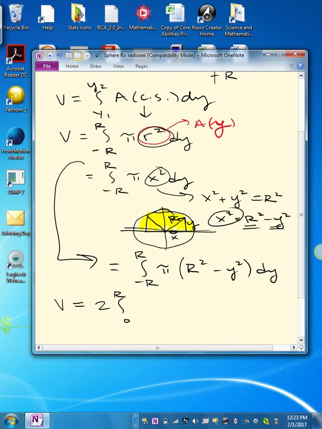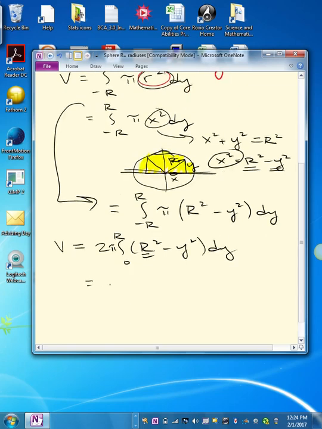I can pull the pi out, so let's go ahead and pull the pi out. And then I'm left with just the integral to do: R squared minus y squared, remember R squared is fixed, dy. Nice simple integral to work. 2 pi, R squared is fixed.